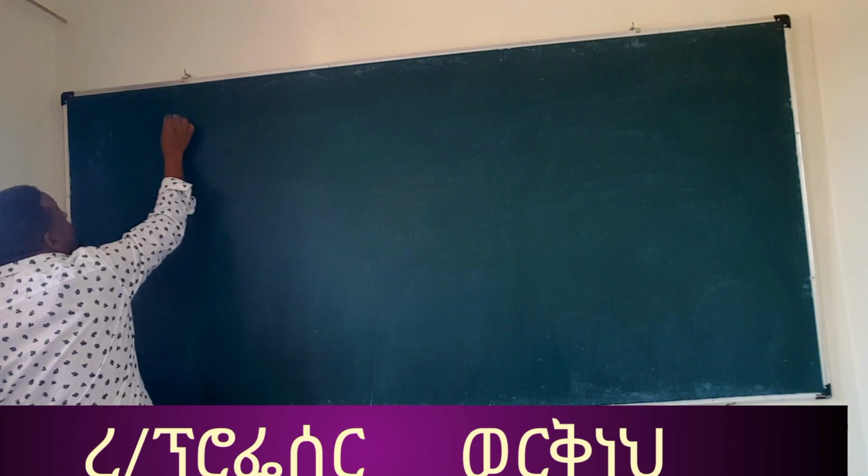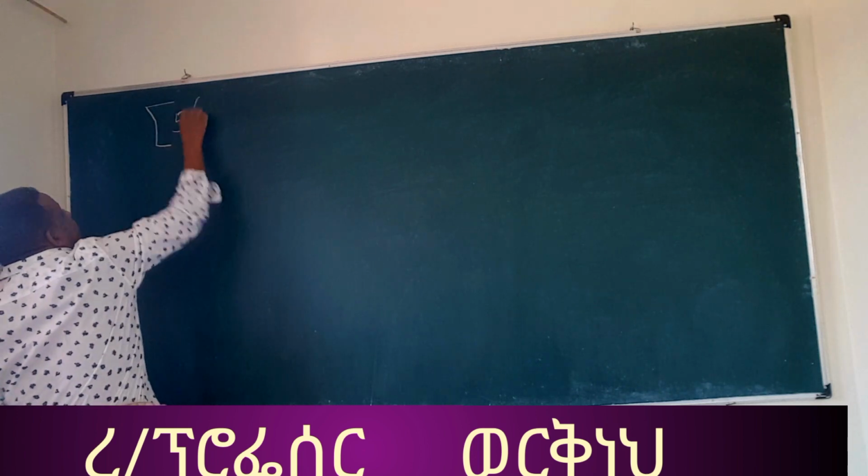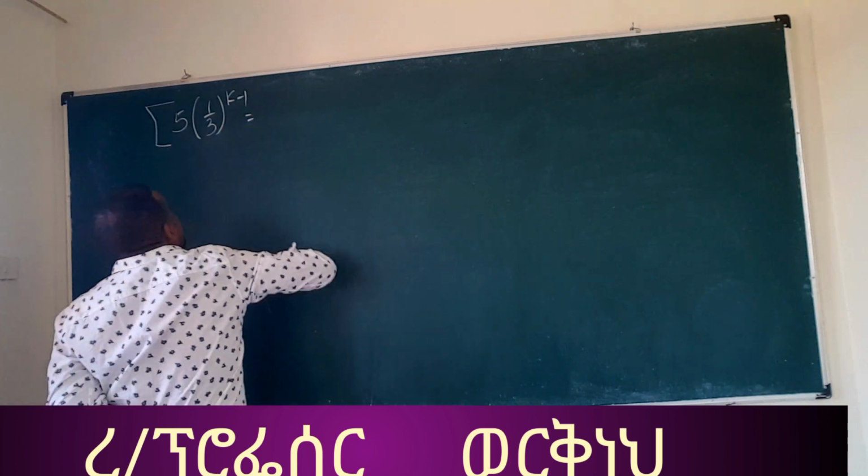ስለዚህ አሁን ምን አገኘን ማለት ነው? So the series, 15 times 1/3 to the power of k minus 1፣ ሄድንና ምን አገኘን?